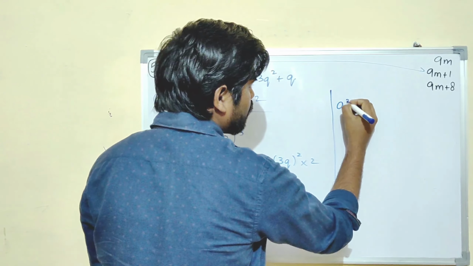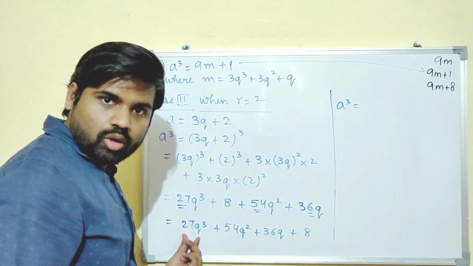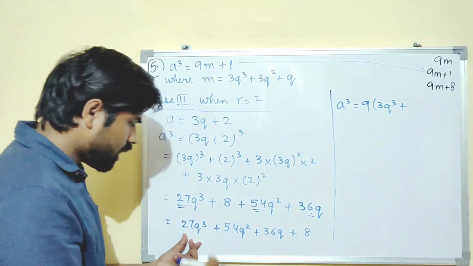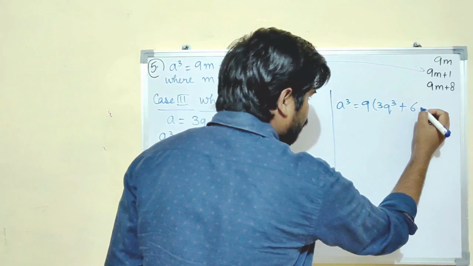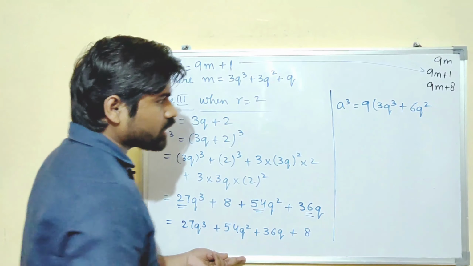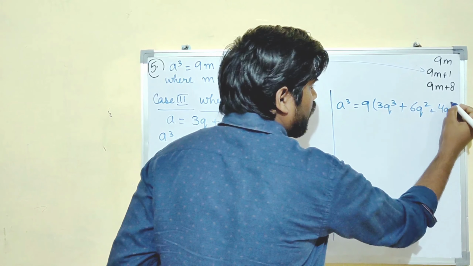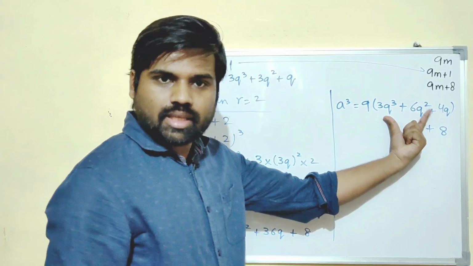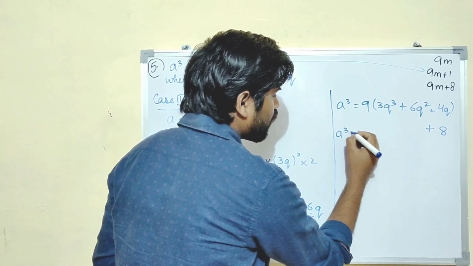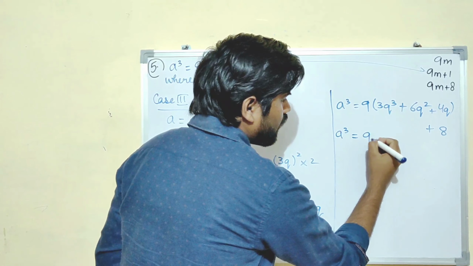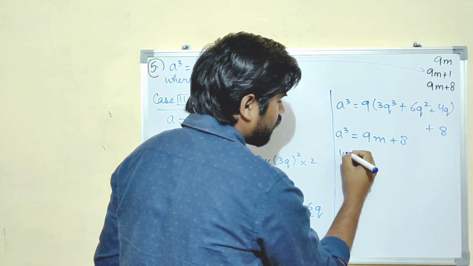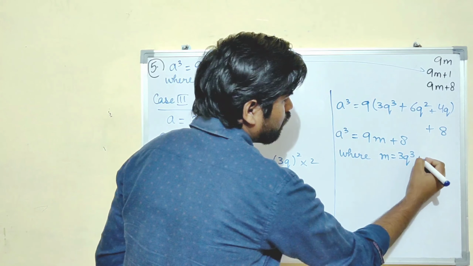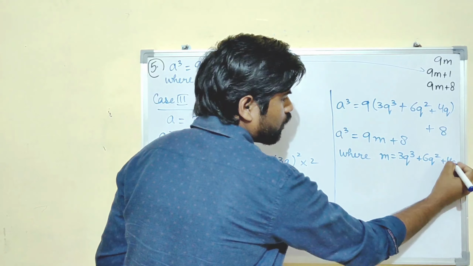You'll get a cube equals 9 taken common will give you 3q cube plus 9 6s are 54, 6q square plus 4q, plus 8 left. Now we'll assume the bracket as m. We'll write it as a cube equals 9m plus 8, where m equals 3q cube plus 6q square plus 4q.